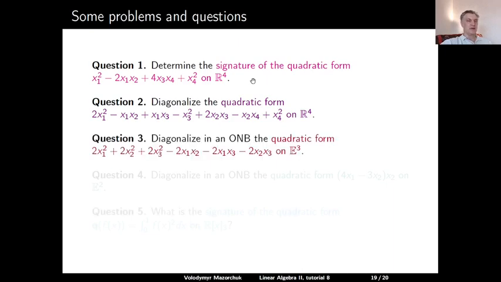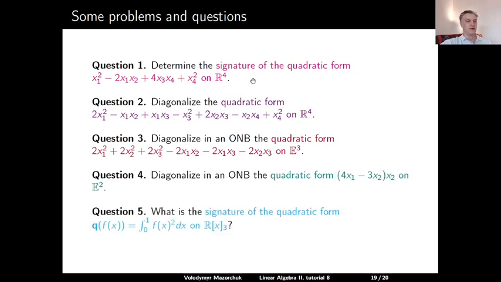Question 3. Diagonalize in an orthonormal basis the quadratic form 2x1 squared plus 2x2 squared plus 2x3 squared minus 2x1x2 minus 2x1x3 minus 2x2x3 on E3. Question 4. Diagonalize in an orthonormal basis the quadratic form 4x1 minus 3x2 times x2 on E2.